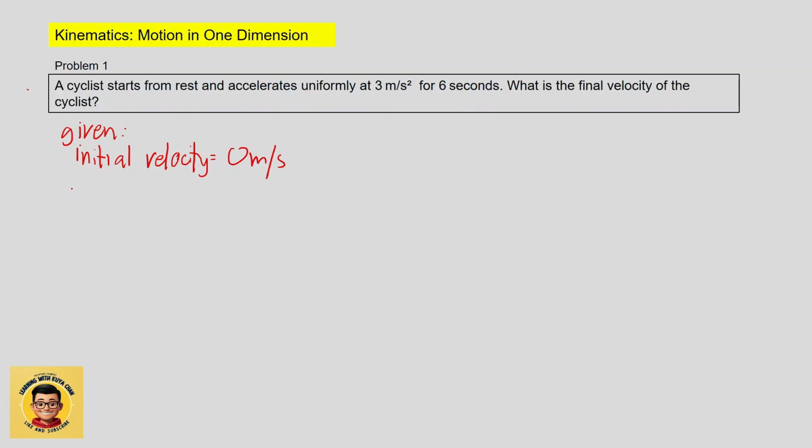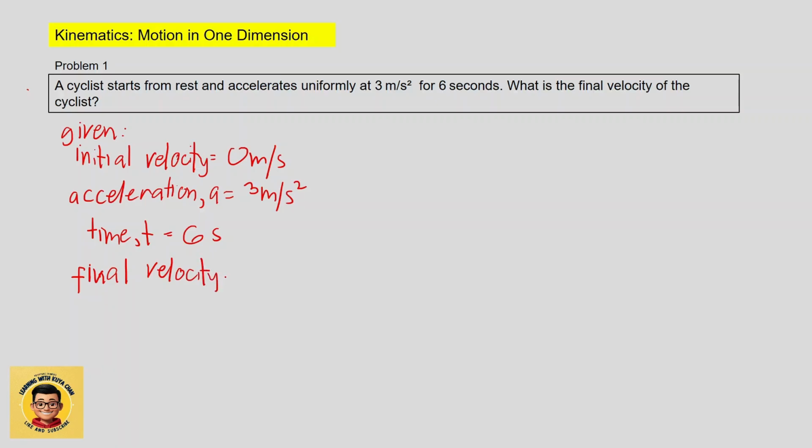Our second value is the acceleration a, which is equal to 3 meter per second squared, and our time t, which is 6 seconds. So in this problem, we will be finding the final velocity v.